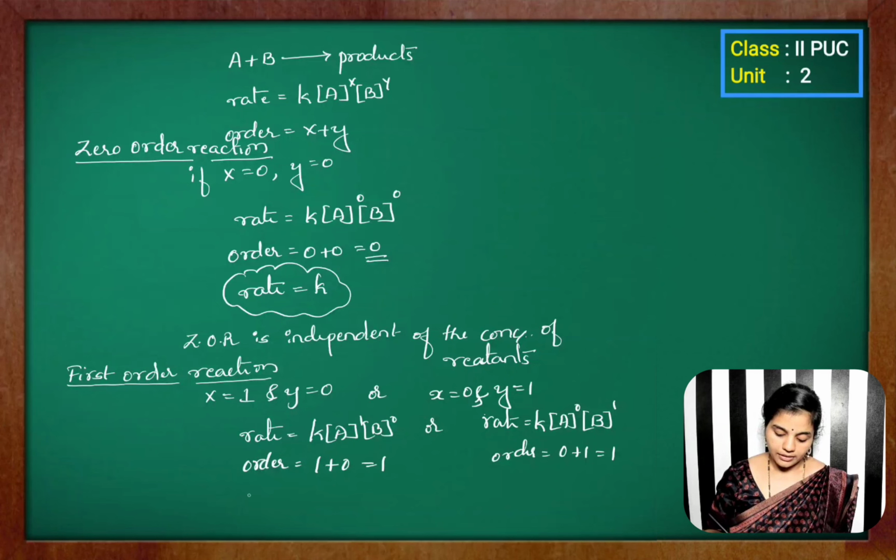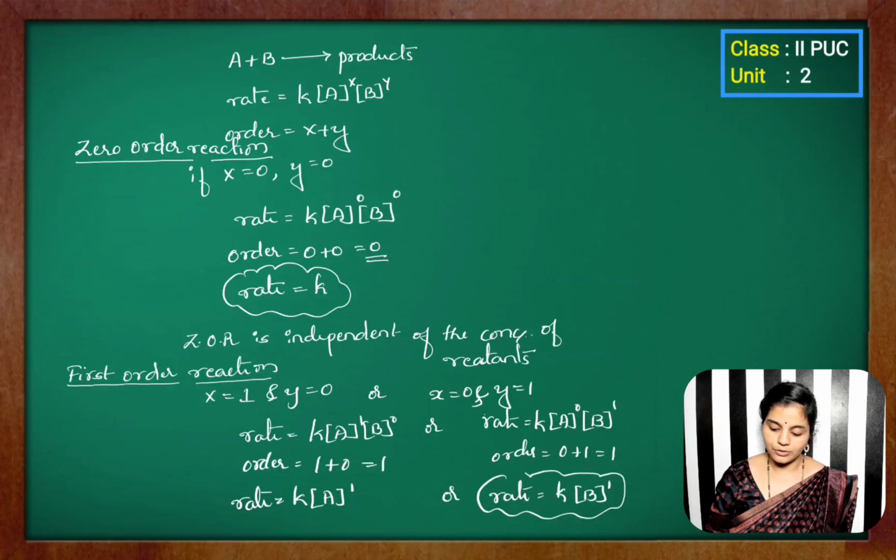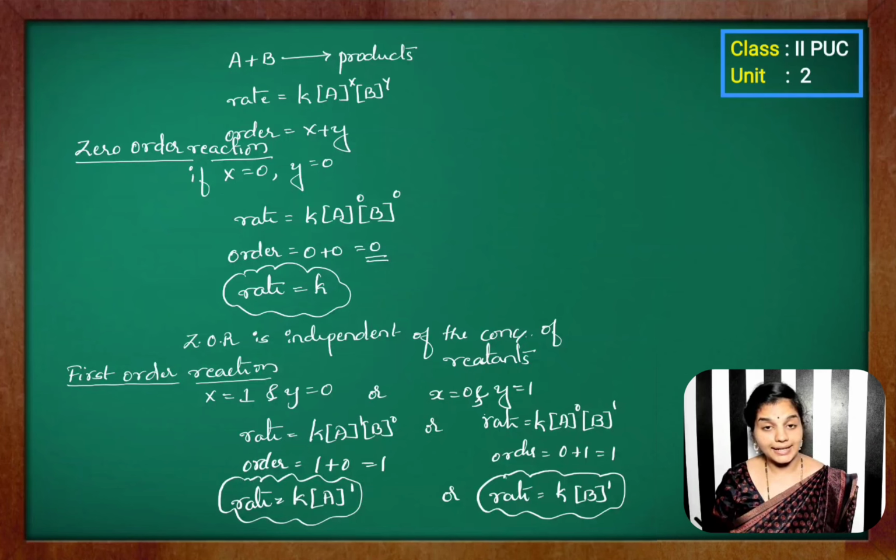So now here rate is equal to K into concentration of A raised to 1, or rate is equal to K into concentration of B raised to 1. So clearly you see that the order of the reaction is 1. Rate is directly proportional to the first power of the concentrations.